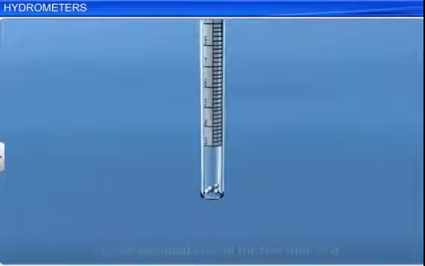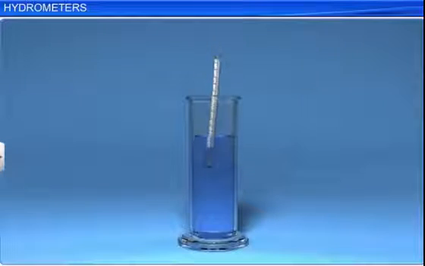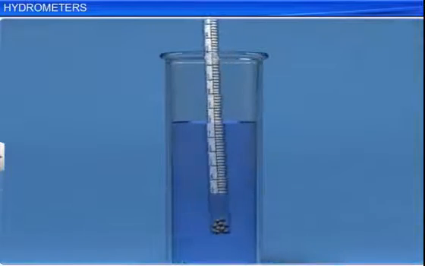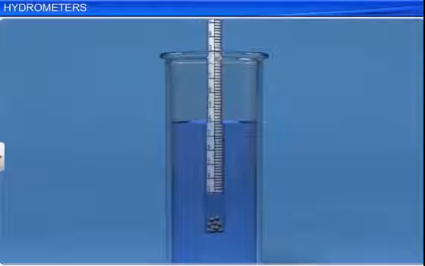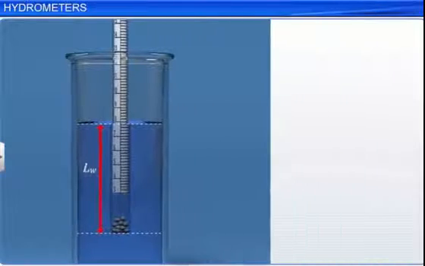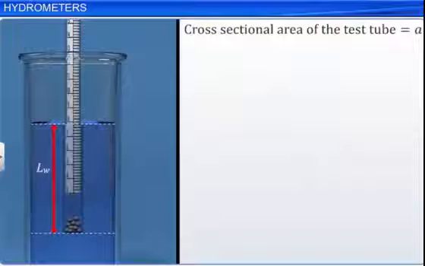Let's see. Place the test tube in a jar filled with water and adjust the number of lead shots so that the test tube floats vertically. Measure the length LW of the test tube inside the water. The volume of water displaced, VW, is equal to A into LW.